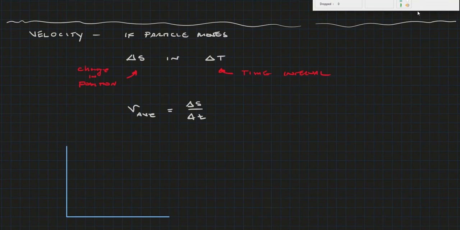We can represent this velocity by plotting s versus t, and say we have a path here.